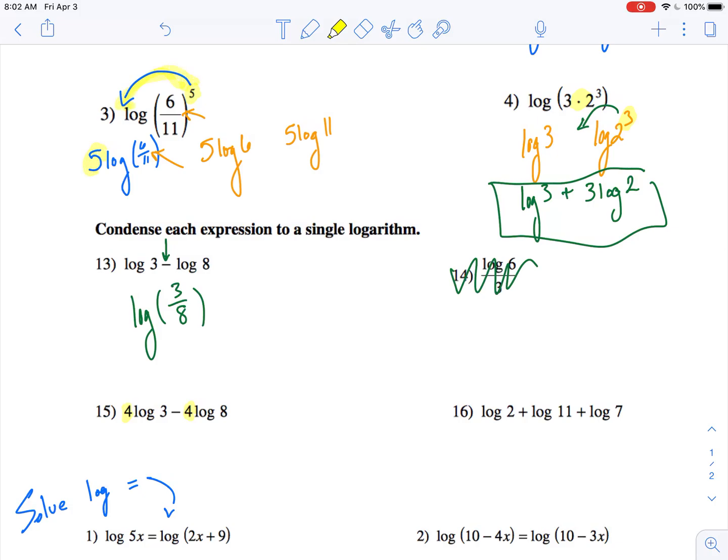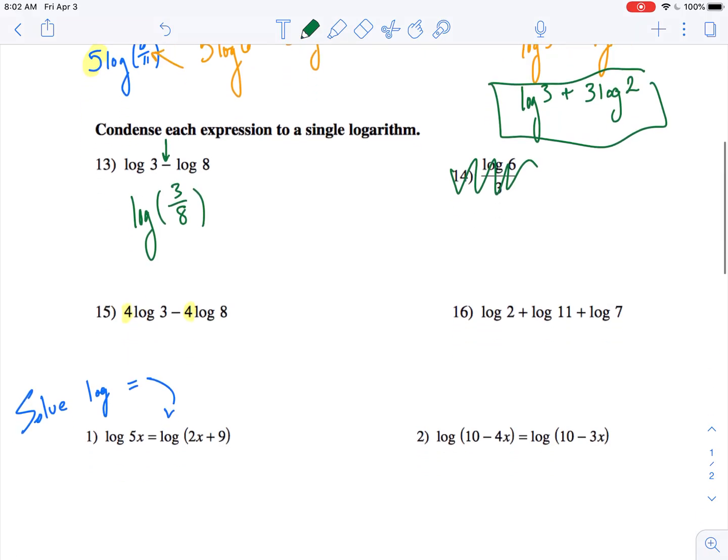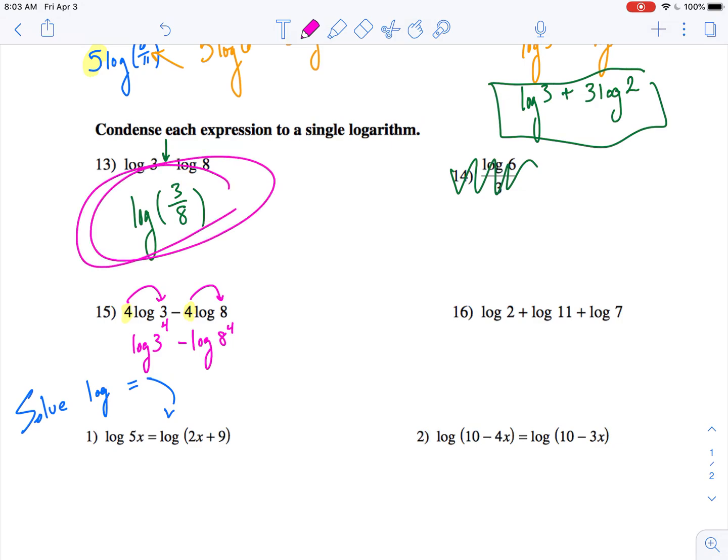All right, now let's look at 15. Got a couple numbers out front. And like we saw earlier, numbers out front come from exponents. So what I'm going to do here is bring these back up into the exponent.